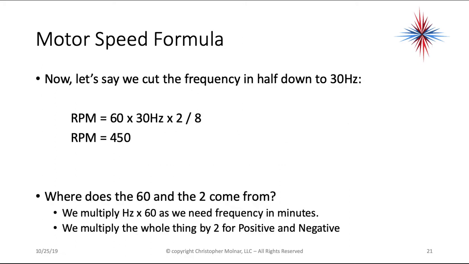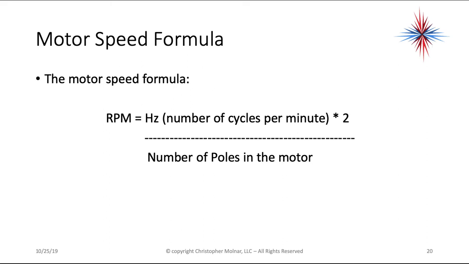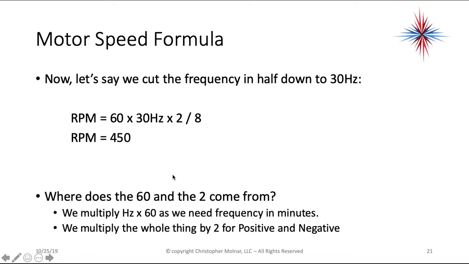An example of this: let's say we have a 60 hertz motor. 60 times 2 is 120, and we can divide that by the number of poles in the motor.